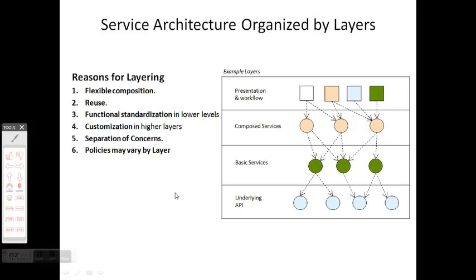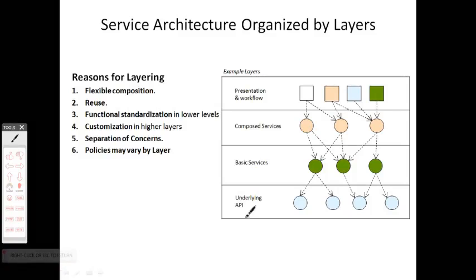So the important attributes of this service architecture organization are flexibility of composition, and it also provides reusability. It provides functional centralization in lower levels.